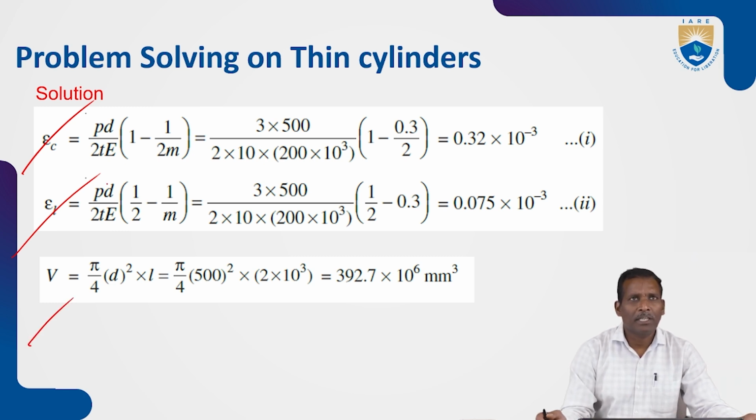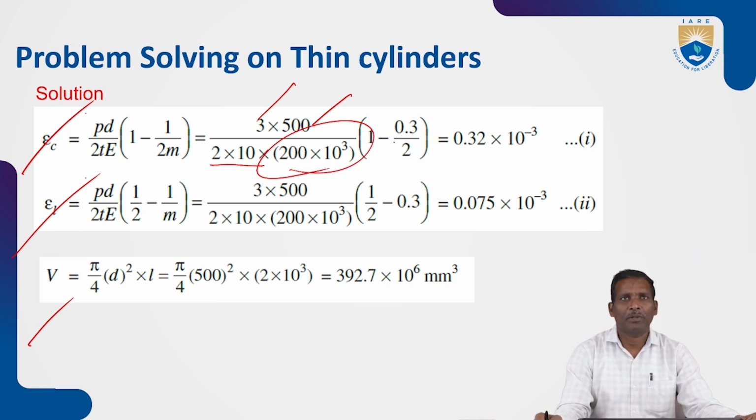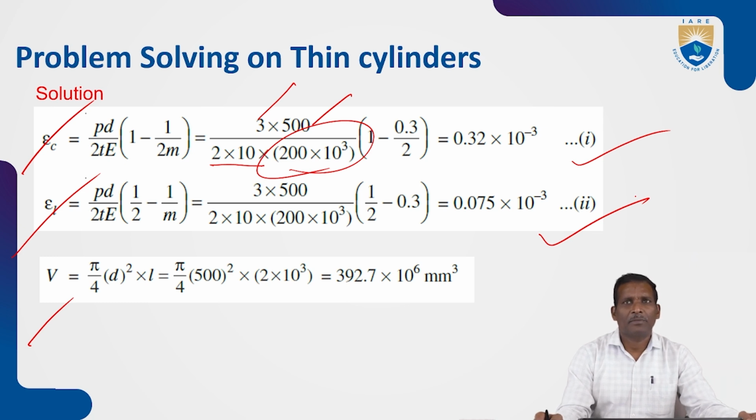So PD by 2TE into 1 minus 1 by 2M. Substitute P, D and T value already you know, and then E value also convert 200 into 10 cube Newton per mm square. So you will get sigma C, epsilon C and epsilon L.